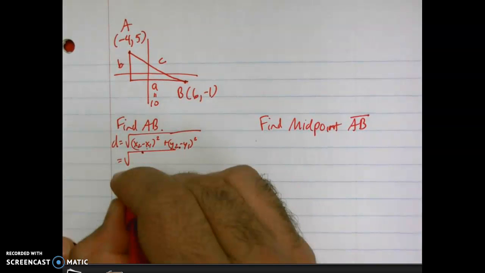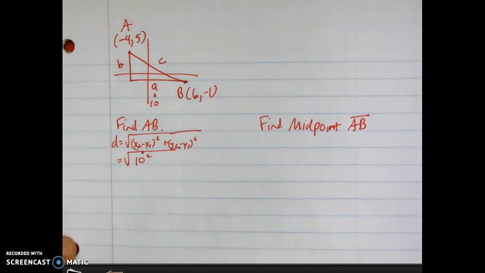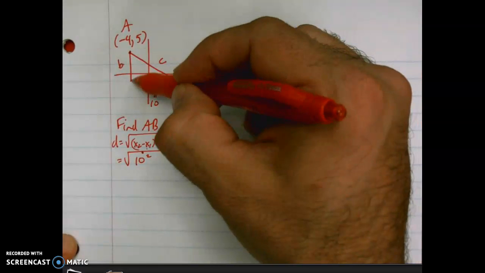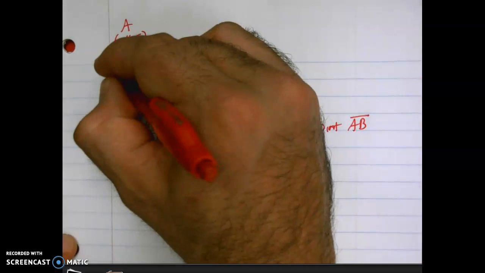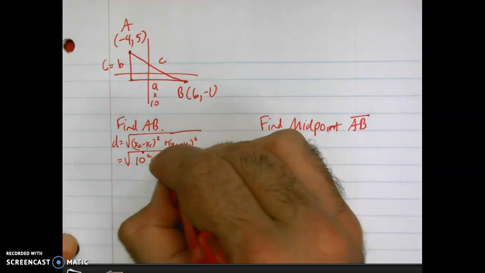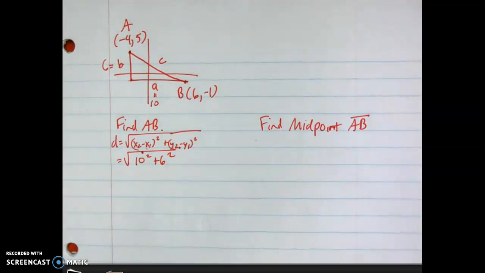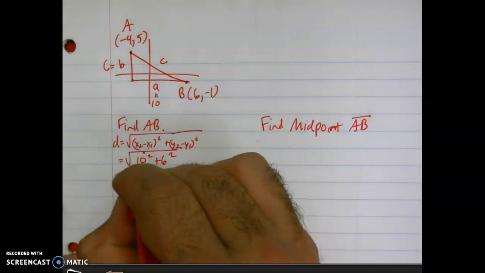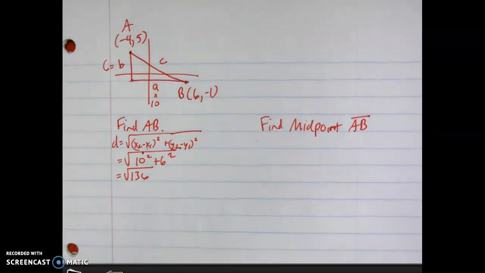So D is equal to the square root of 10 squared. B goes from -1 to 5. So B is 6. So that'll be plus 6 squared. So we're looking at 10 squared plus 6 squared. Okay? Square root of 136.